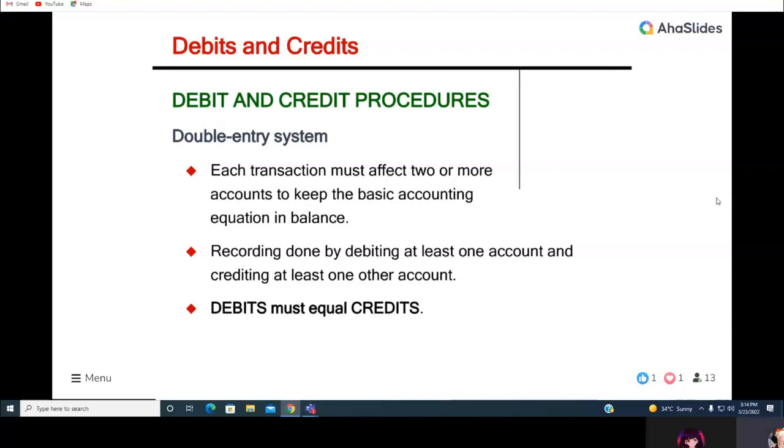One of the accounts in every transaction will be debited, and the crediting will be done to at least one of the other accounts. If there's 3 accounts, then there could be 2 debits and 1 credit, but they will equal. They will always equal. Debits equal credits. The left side equals the right side.